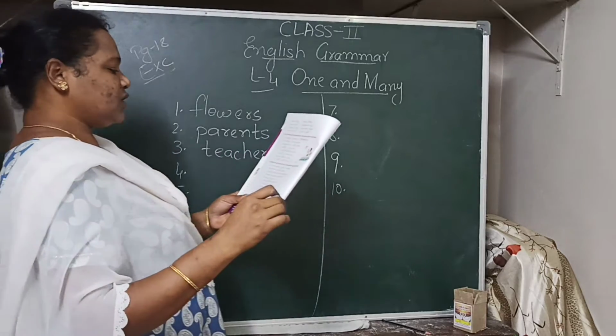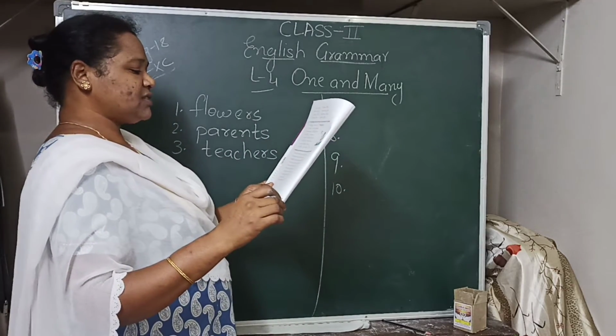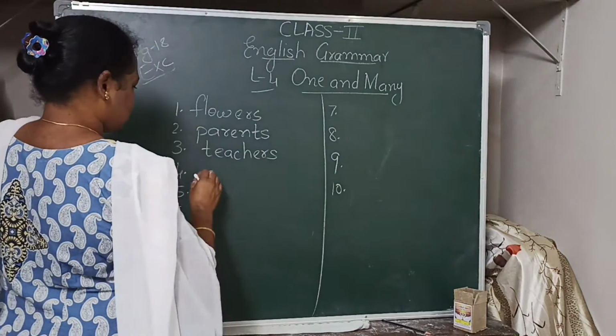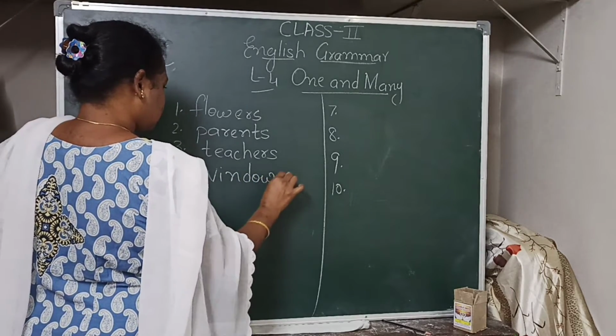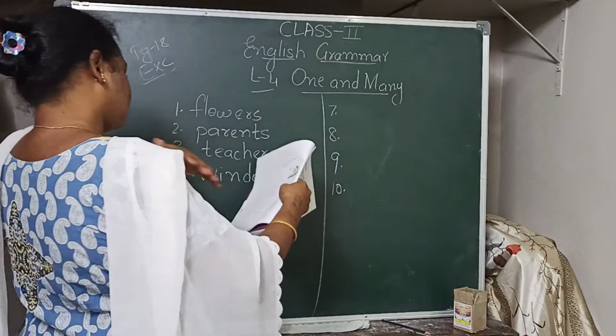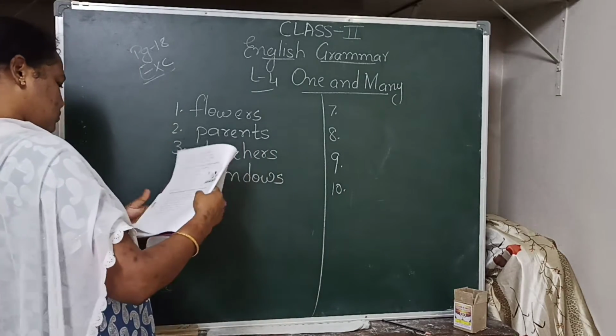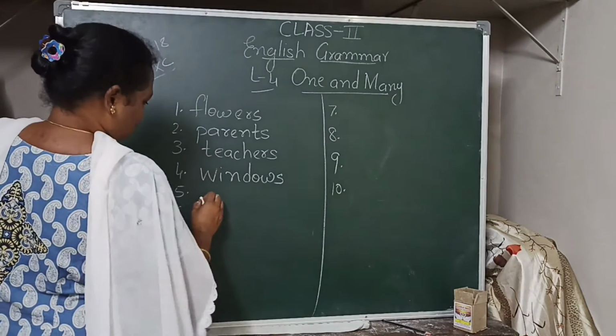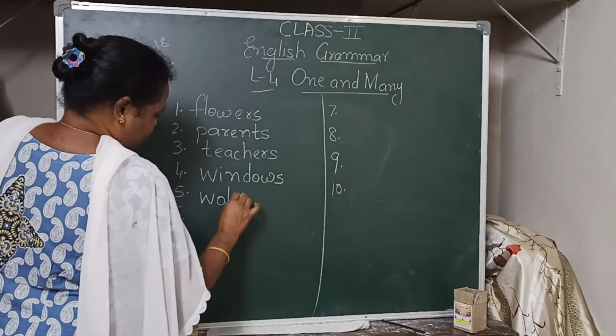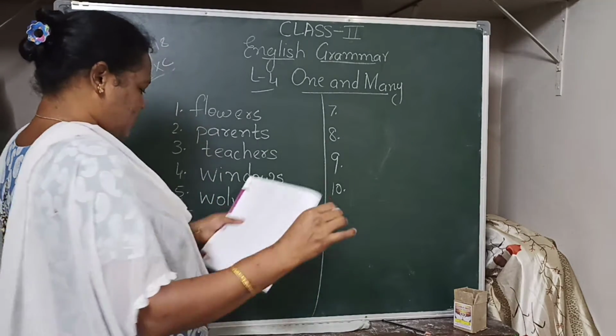Fourth one, the windows in that building were blue. Windows. We saw wolves at the zoo. Wolves. W-O-L-V-E-S. Wolves.